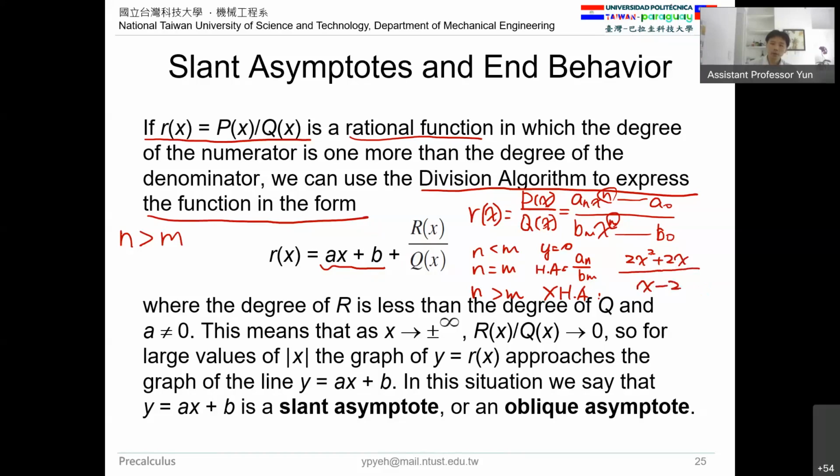In this case, the degree of the numerator is 2 and the degree of the denominator is 1, so the degree of the numerator is larger than the degree of the denominator. So you can do further division, which gives a certain term plus the remainder.